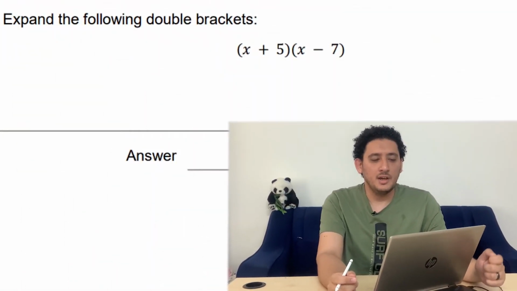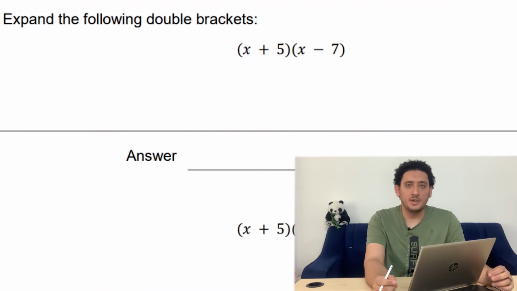The second part of this topic today is how to expand double brackets, two brackets multiplied by each other, like this example: x plus 5 multiplied by x minus 7. If we want to do this, we will divide this problem into two expansion problems.